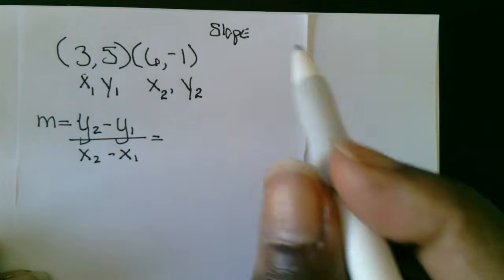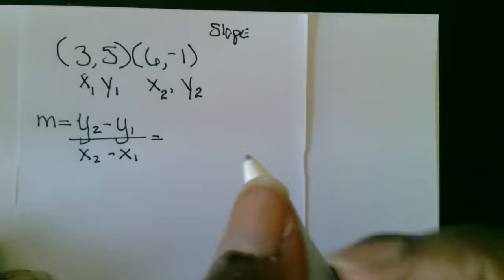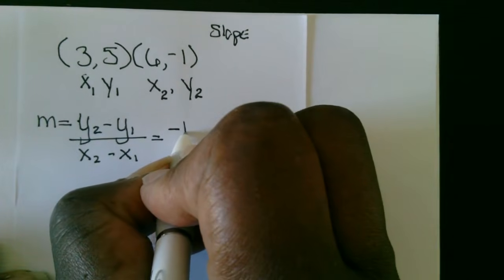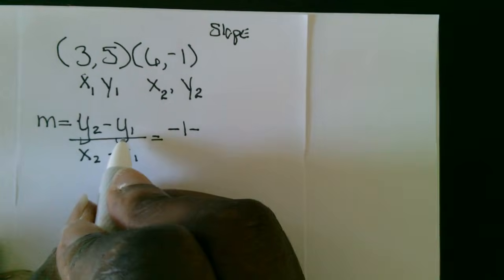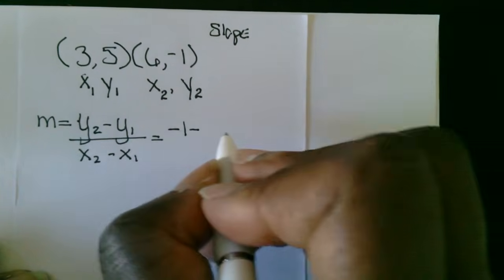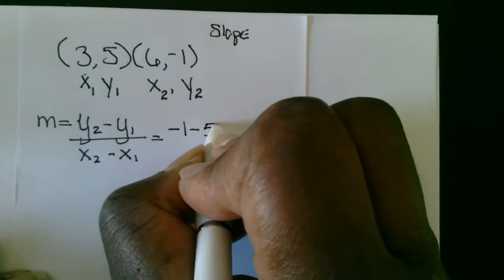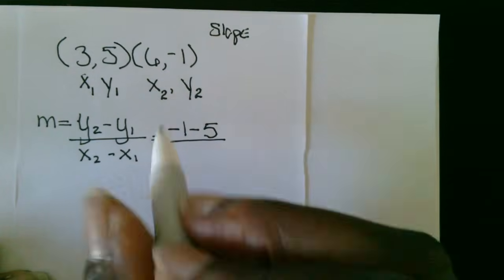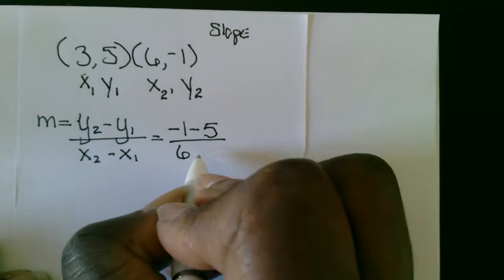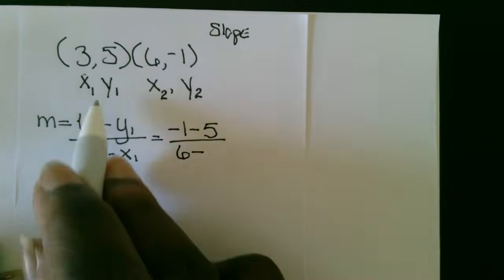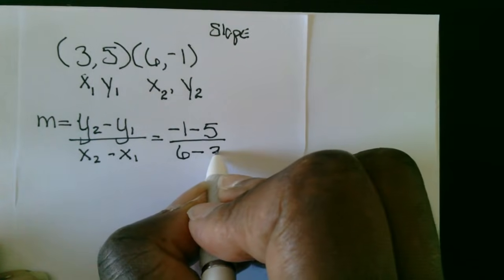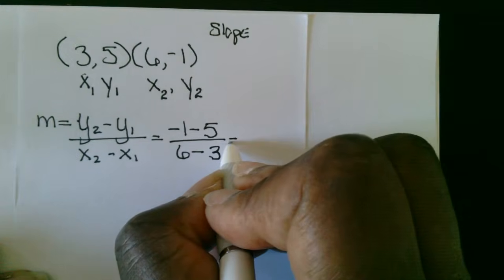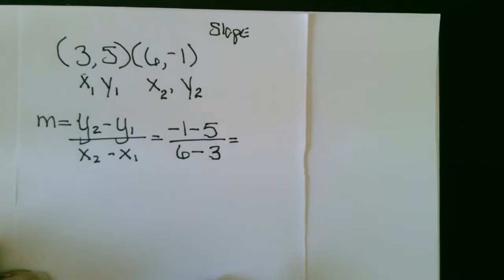There we go. I know it's going to click. So we have our -1 minus my y1, which is 5, over my x sub 2, which is 6, minus my x sub 1, which is 3. Now we're starting to see it.